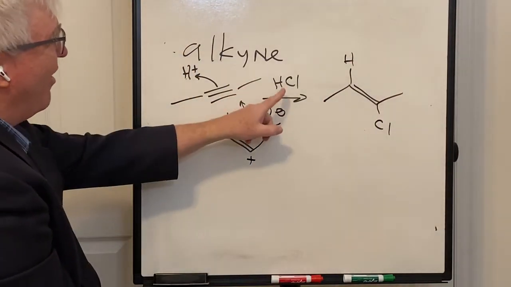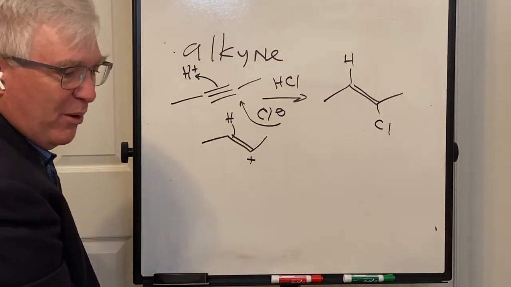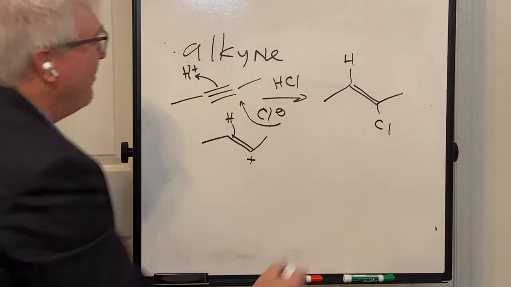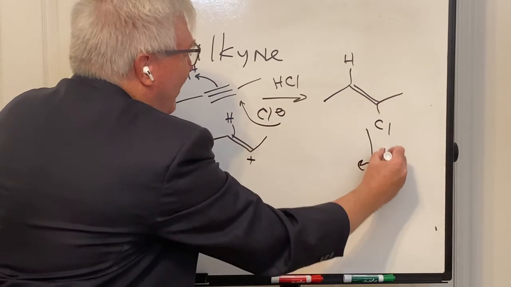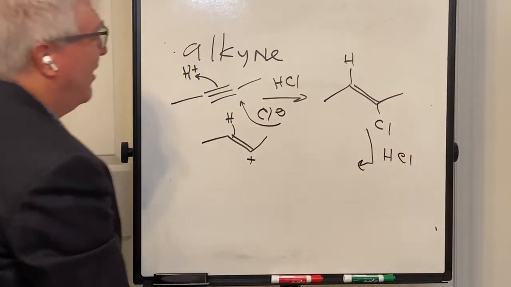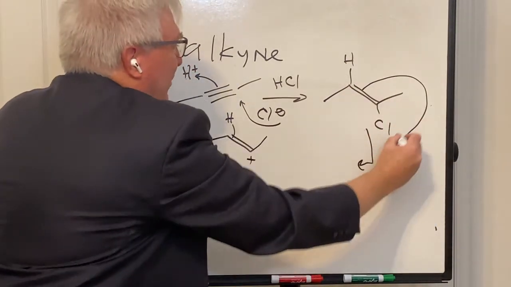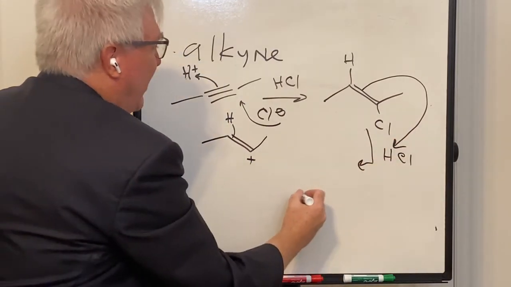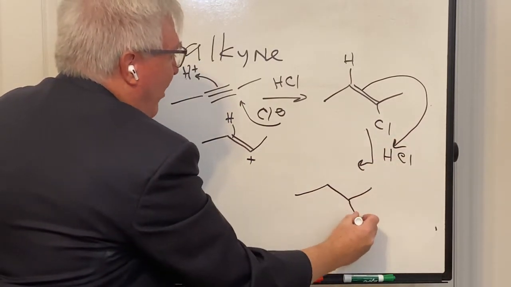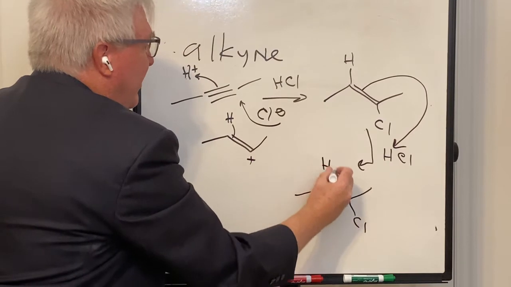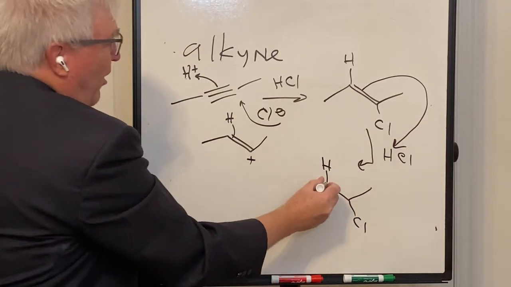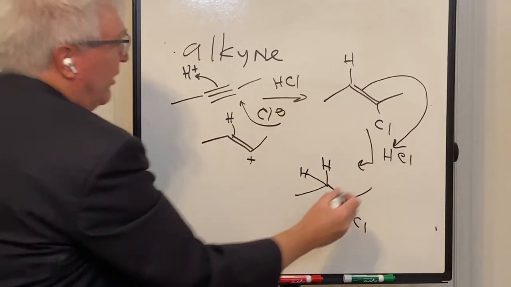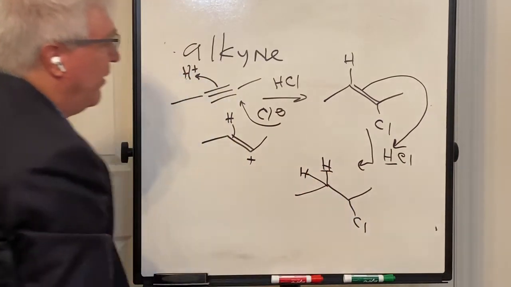Now, that's really hard to do, to stop with just one equivalent there. Normally, there's excess here. So if you have another molecule of hydrochloric acid, we can protonate again, right? And we do Markovnikov protonation, right? There's already one hydrogen on here, so we just added the second one right there.